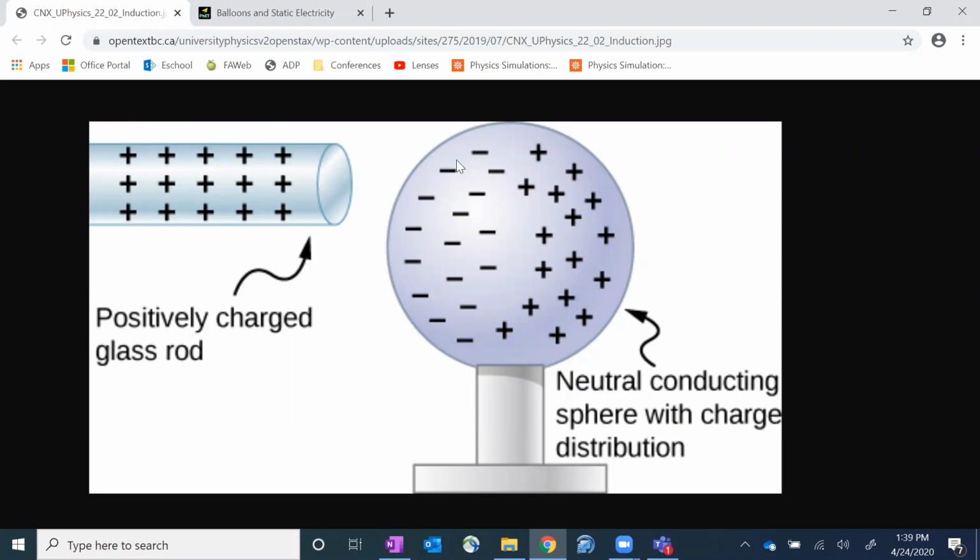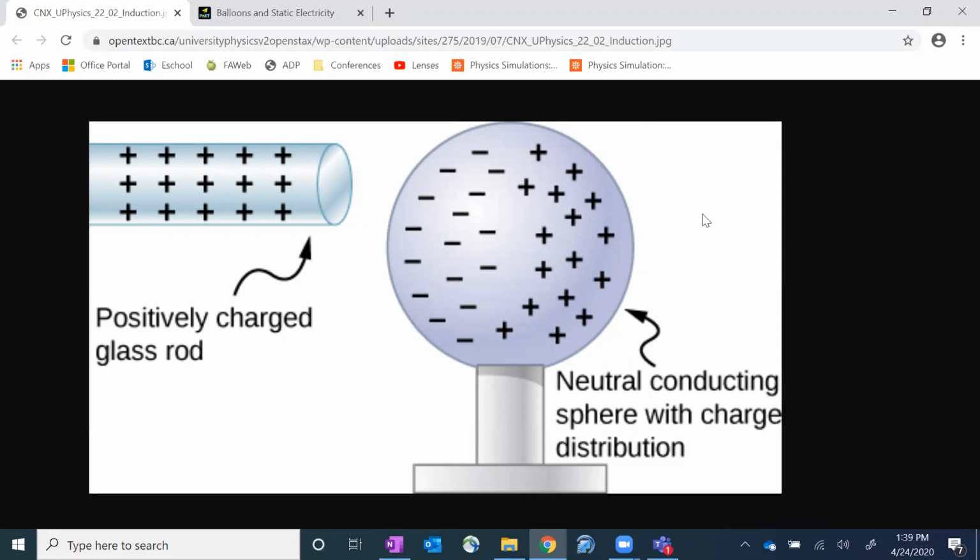We know that the electrons are attracted to positive charges, so all the electrons move to this side of the sphere, trying to get to the glass rod, which leaves this side of the sphere negative, and the opposite side of the sphere positive. So we've induced a polarized charge within the sphere.